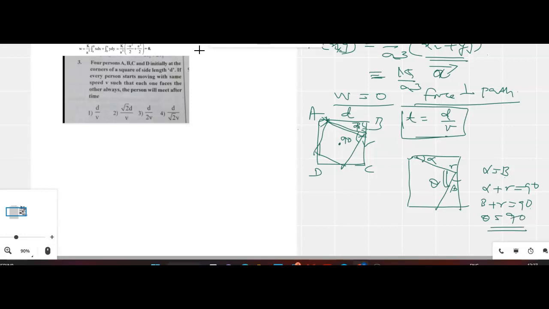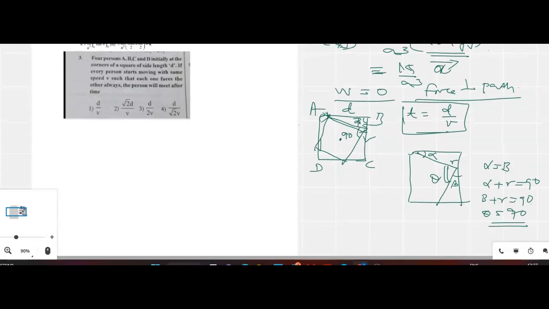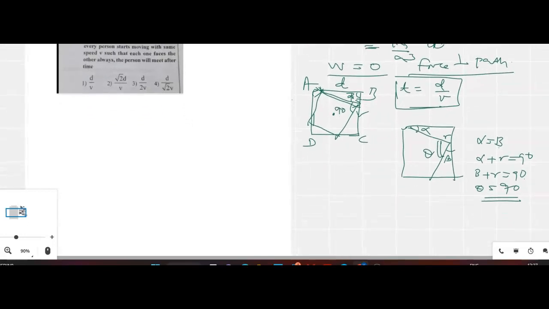So there is another way of doing it. Of course, not the best way. This is the best way, so you can get the answer straight away. The other way is, let us take after time dt, the distance traveled is u dt, and this is u dt, and this is d minus u dt.